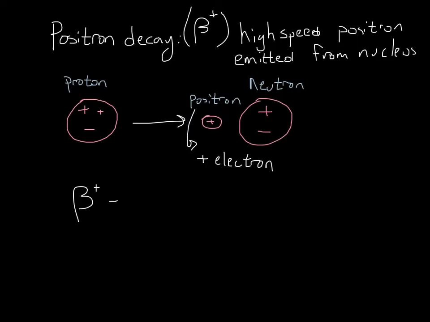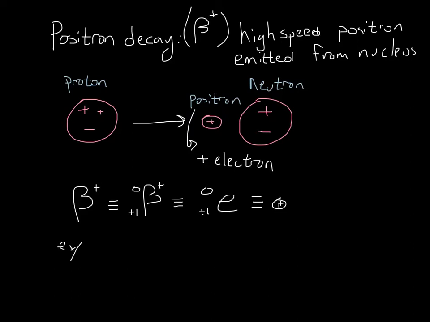We can also write the charges on it, so 0, plus 1, beta. We can also symbolize it as 0, positive 1, electron because it's a positive electron, or you can just call it a positron. That one's trickier though because there's really no way to distinguish between that and a proton except for the fact that it's smaller.